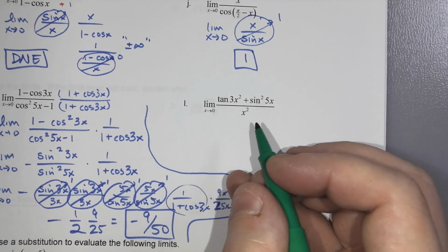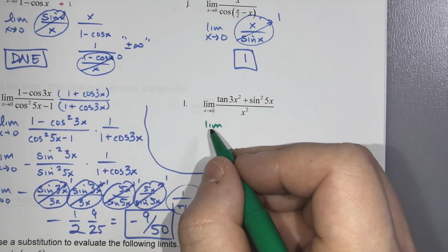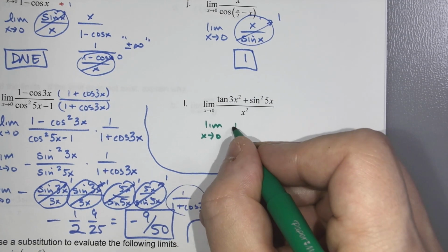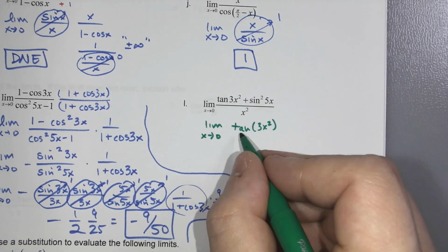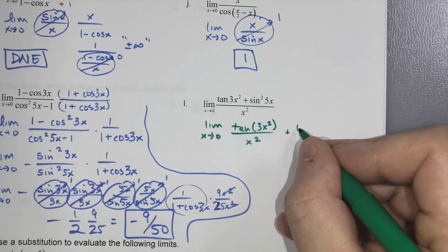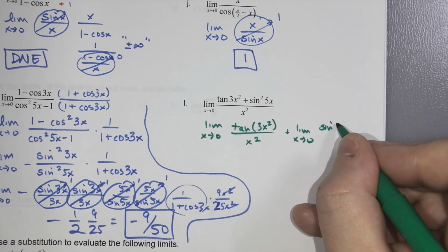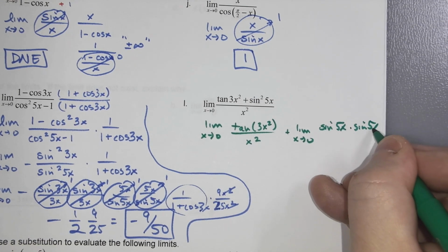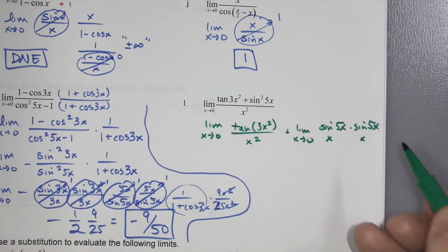Let's see. This would end up becoming the limit as x approaches 0 of the tangent of 3x squared over x squared plus the limit as x approaches 0 of sine 5x sine 5x over x squared.